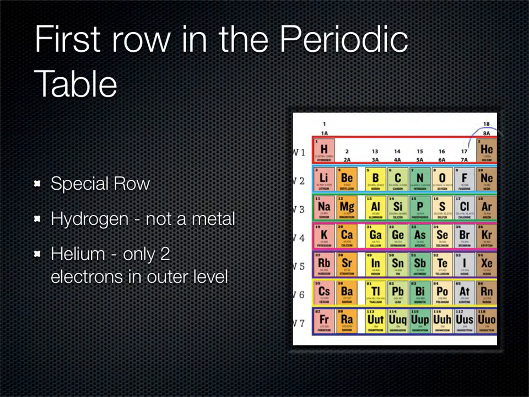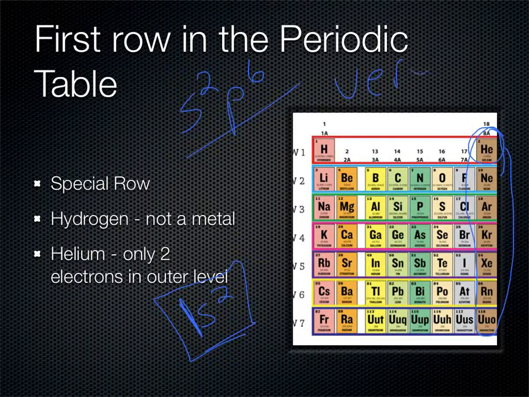Helium, unlike the other noble gases, does not have a P sublevel. All the other ones are S2, P6. Helium, just S2. But that's a full sublevel, or full level for that matter. And so it's very stable, and it doesn't want to react. So all of these noble gases, with that full level, when you get those S2, P6s, are very stable.